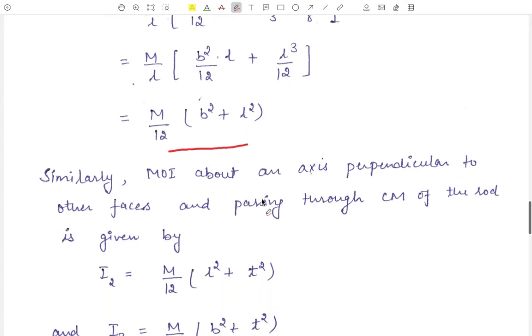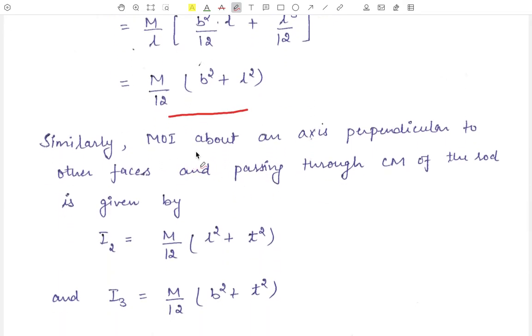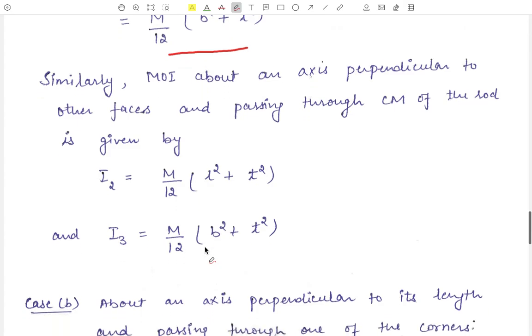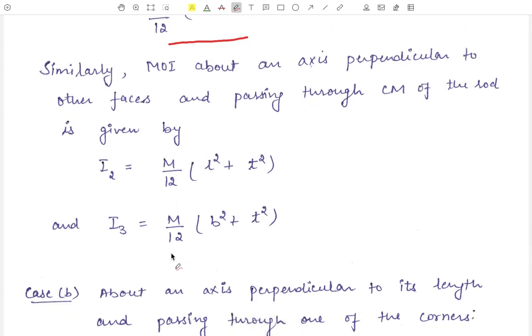Therefore, if we see a similarity here, if we have to find the moment of inertia about other axes also perpendicular to the other faces and passing through the center of mass of the rod, then if the axis is parallel to the breadth side, the moment of inertia will be equal to m upon 12 L square plus t square, because it is parallel to the breadth side. And if our axis is parallel to the length side, then the moment of inertia of the same rectangular bar will be equal to m upon 12 b square plus t square.